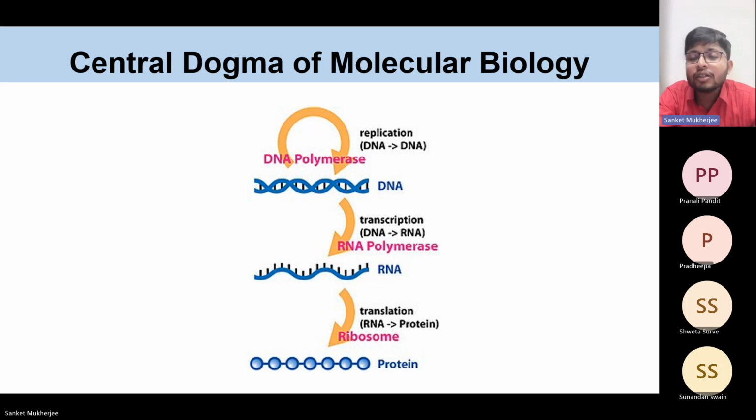This process is called transcription, and it happens due to the enzyme RNA polymerase. And then the RNA forms protein. This process is called translation, and it happens in the ribosome. Again, it's an enzyme, a ribonucleoprotein, which works for synthesis of amino acids, which form the protein.